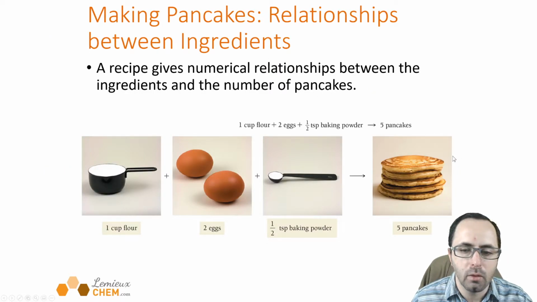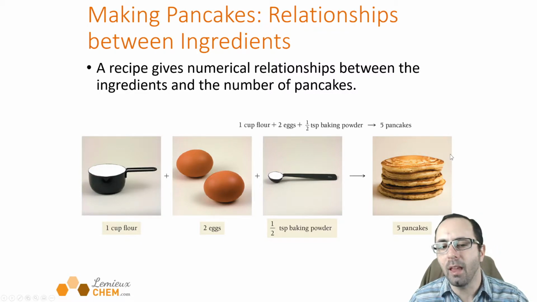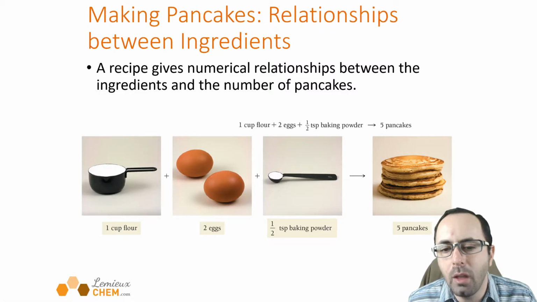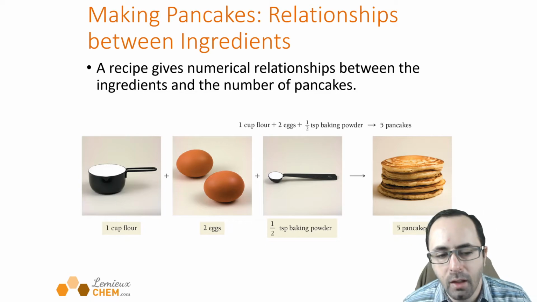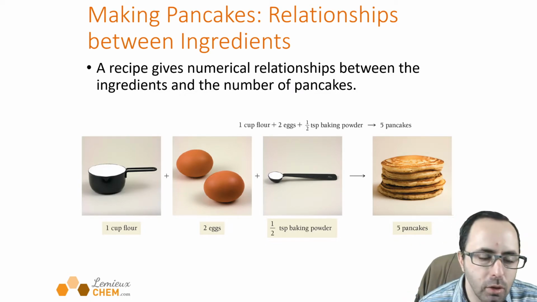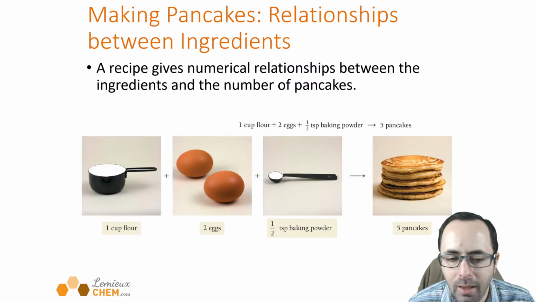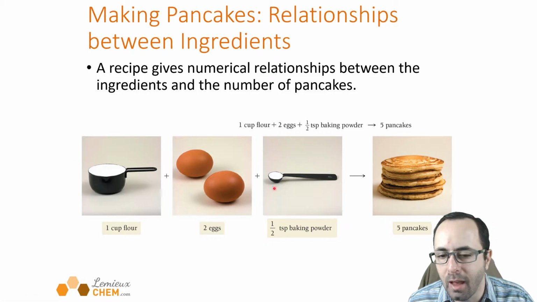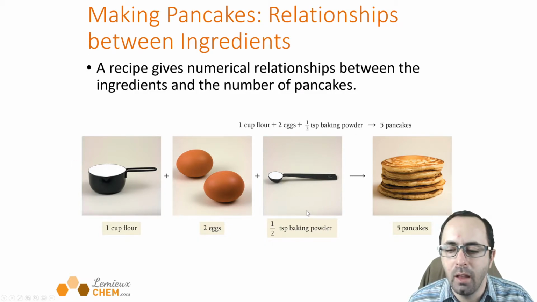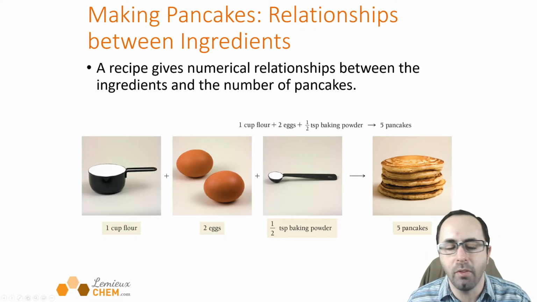Okay, so I called this scaling up a recipe, and stoichiometry really does work a lot like a recipe in cooking. If you have a recipe that's going to make pancakes, it will tell you that your reactants are like 1 cup of flour, 2 eggs, and a half teaspoon of baking powder, and your product will be 5 pancakes.